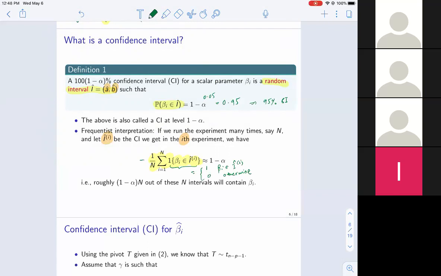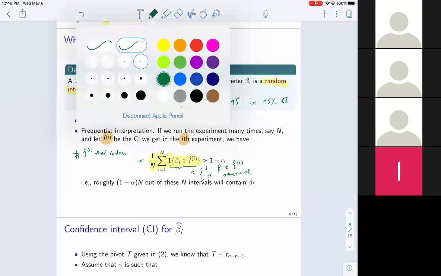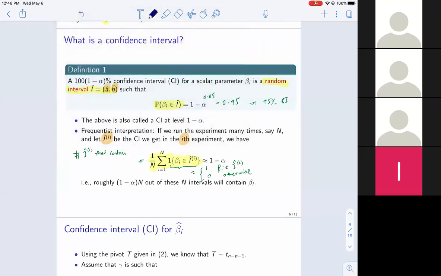So it's like the number of I hat I that contain beta I. It's actually bad notation because I just realized I should have called this something else because I is already used.